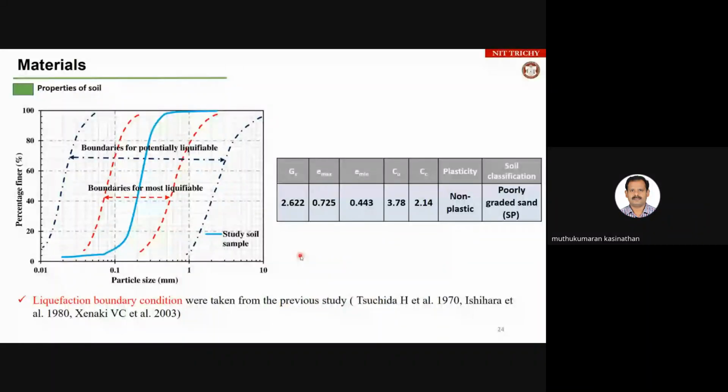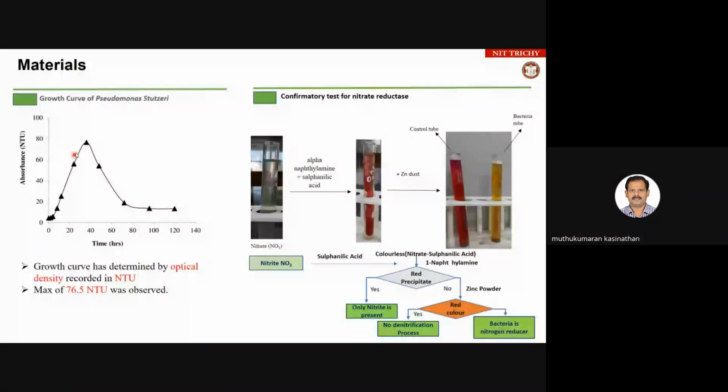The soil is basically a poorly graded soil, and according to this we have taken it, and we started with the microbial induced partial saturation.